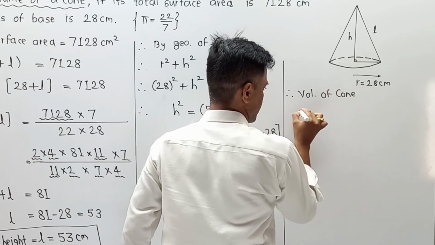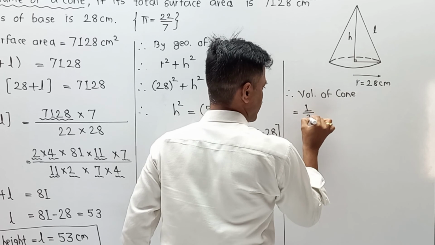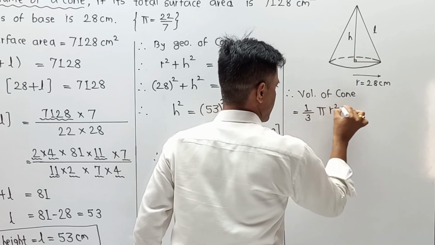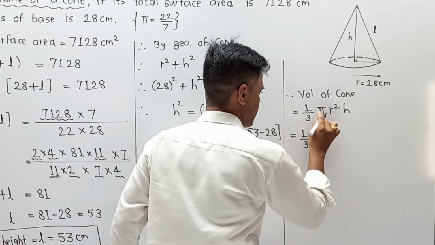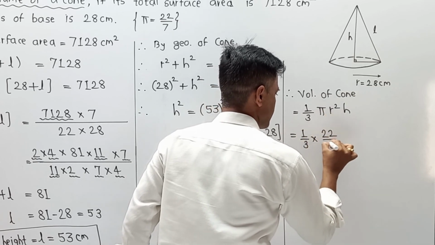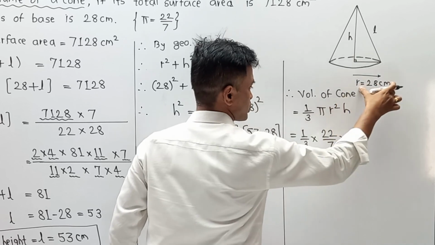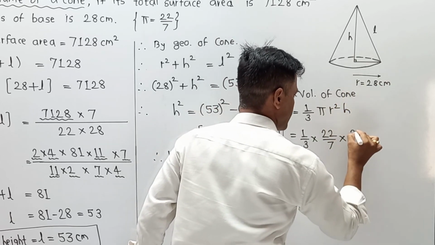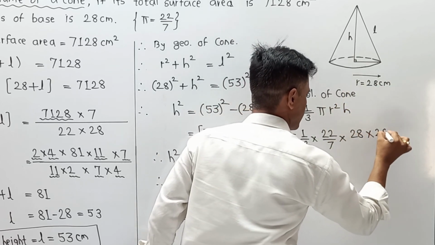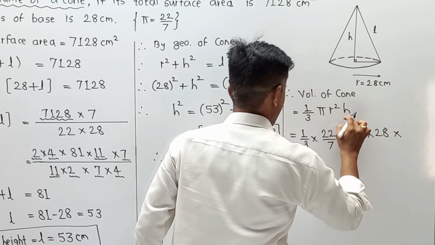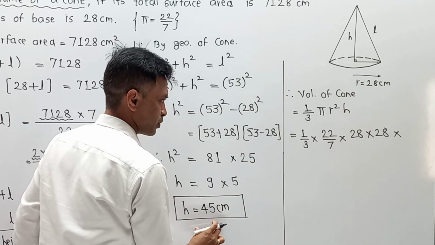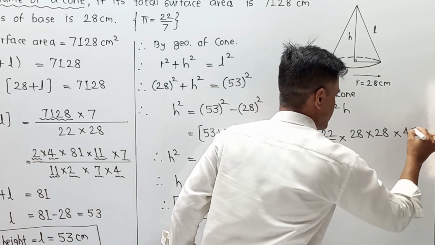We very well know its formula, that is 1 upon 3 pi r square h. So 1 upon 3 pi is 22 by 7, r square, r is 28, so I am writing 28 into 28 into h. We have calculated height h as 45, so this 45 is over here.